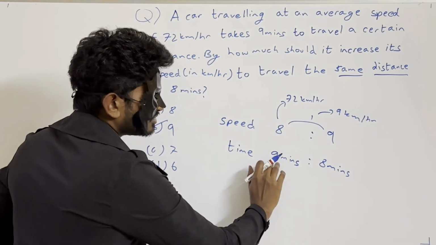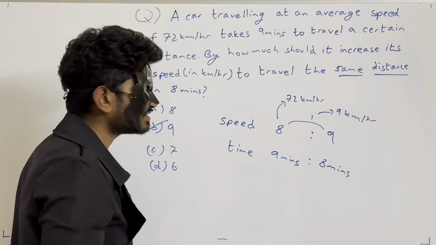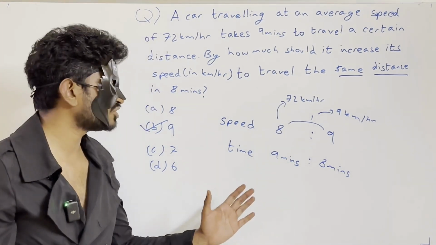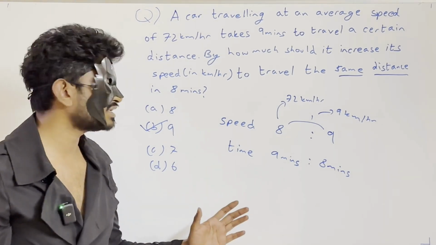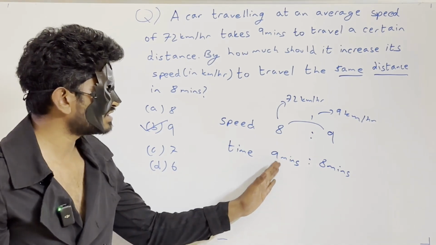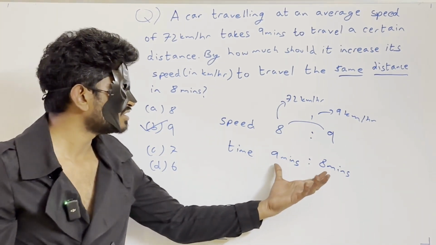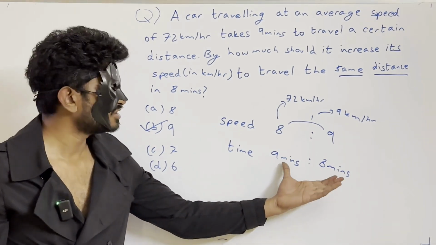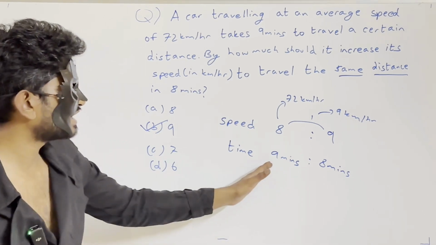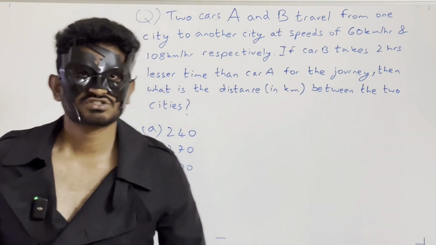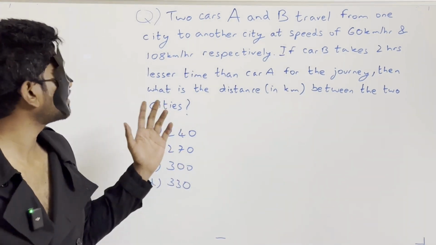So if you find the ratio, the minutes will get cancelled, so you need not convert also in hours. The advantage of using ratio method is, here you need not convert this 9 minutes into hours and 8 minutes into hours, because anyway it is ratio. Since both are in same units, you can directly divide, like you can directly get the ratio of 9:8. Conversion is not needed.